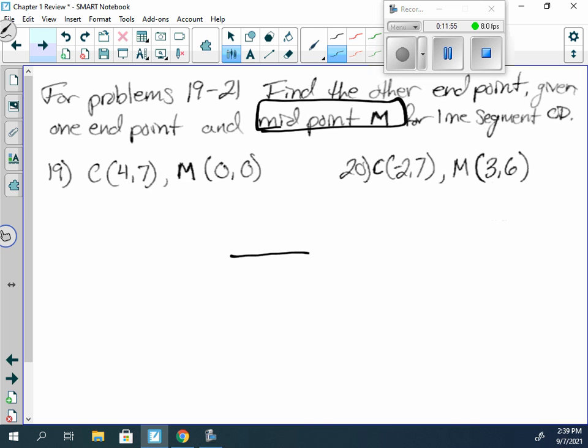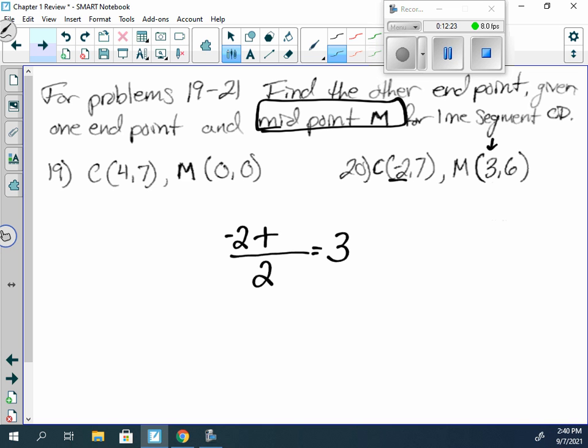Now, given our formula for the x values, what we just did is we plugged the 2 x values of the endpoints in, divided by 2, and we got the x value of the midpoint, yes? Well, what is the x value of the midpoint? 3. So if I add the 2 endpoints' x values together and divide by 2, I should get 3.